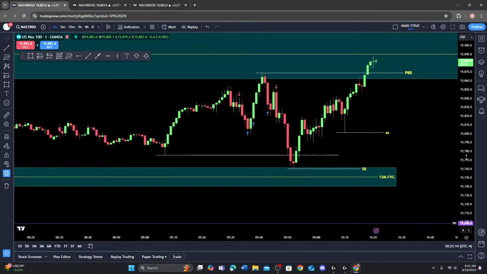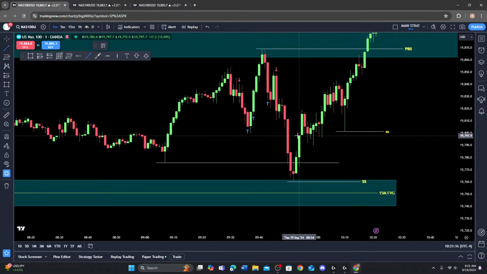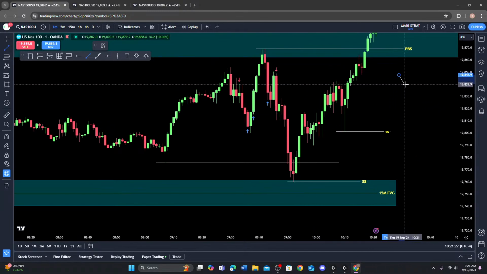This is strong. This little gap here, inefficiency here, shows very strong signs of wanting to go to a buy side area.